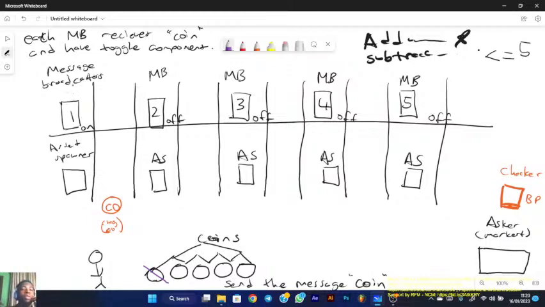Then the message broadcaster sends a message that spawns one coin here, then turns this one off and turns the next broadcaster on.